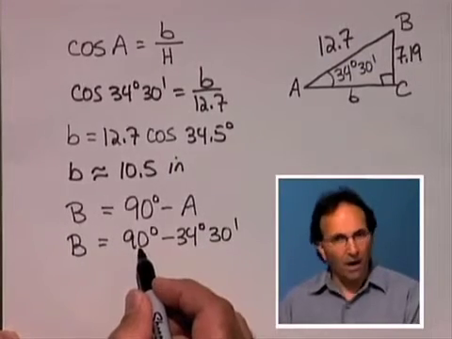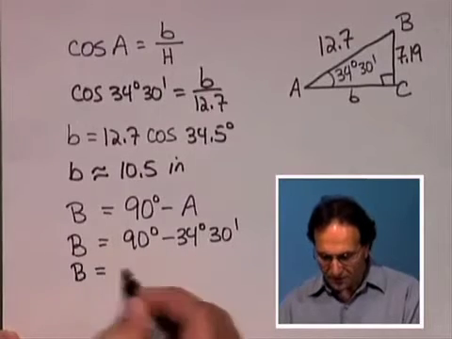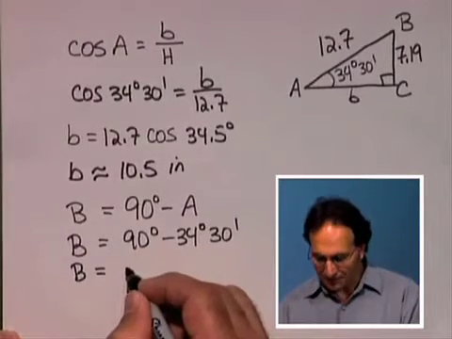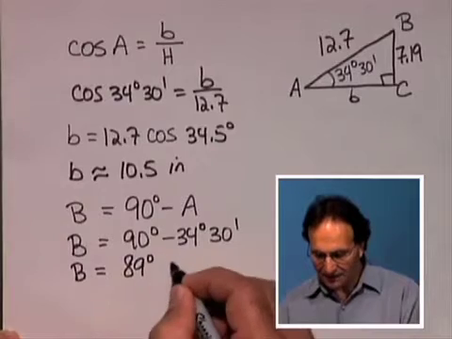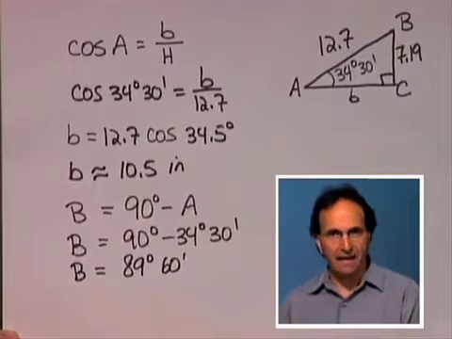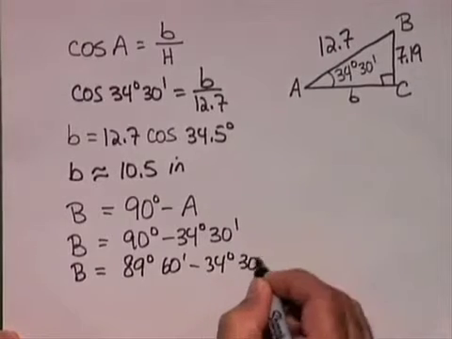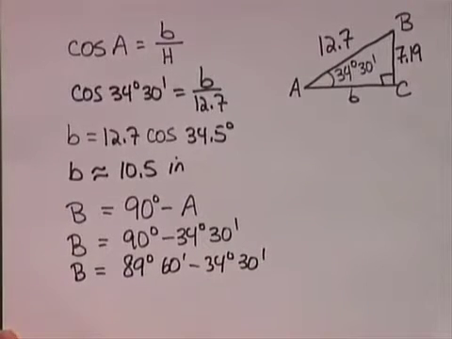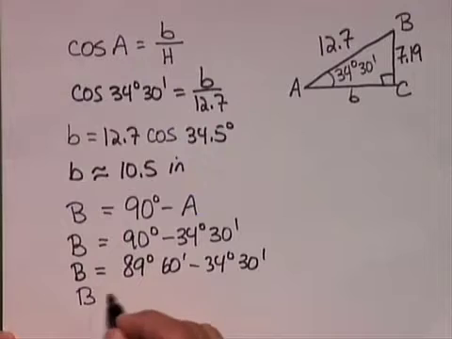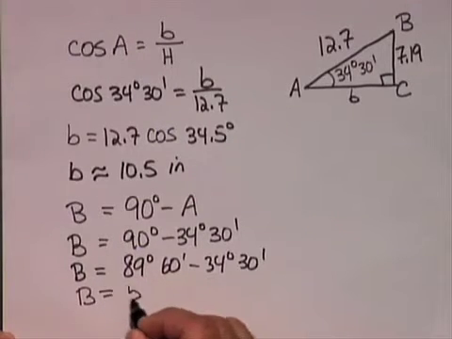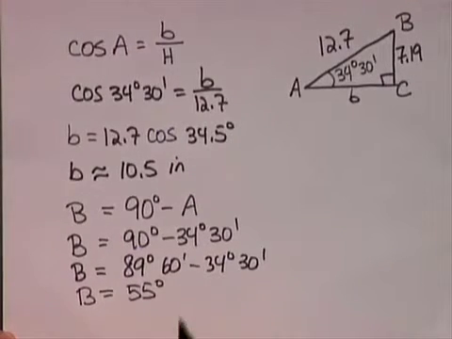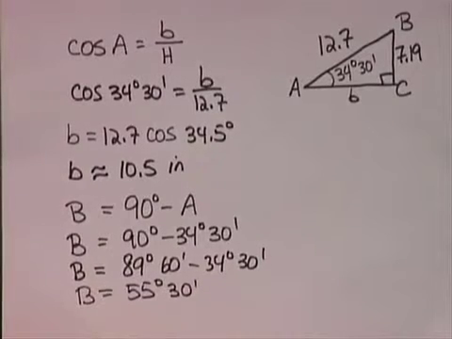Of course, we need to borrow here, so the way we show that is to rewrite 90 degrees as 89 degrees, 60 minutes. Now we can subtract the 34 degrees, 30 minutes. That result gives us B is equal to 55 degrees, 30 minutes, and now we've completely solved this right triangle.